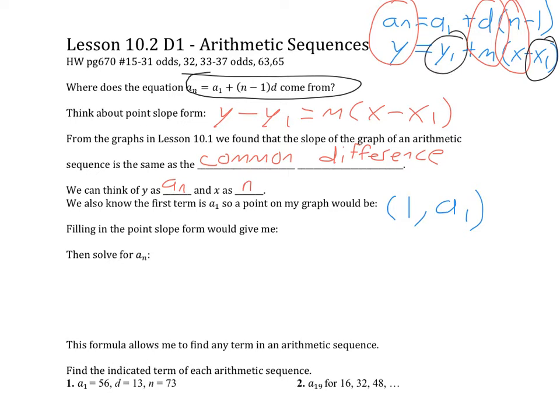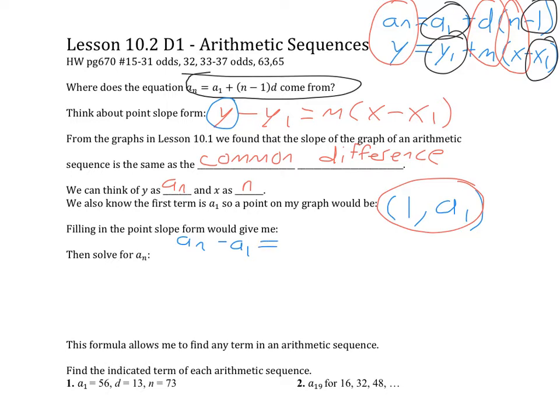So what lines up with x1, y1? 1, a1. Filling in the point-slope form, we're going to plug this point into the point-slope form equation. We've already established that y is like an. y1 is the y-coordinate of a point we know, so y1 would be a1.